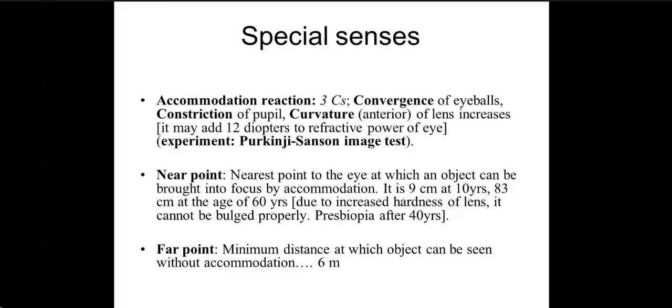The near point is the nearest point to the eye at which the object can be brought into focus by accommodation, and in young age it is very short, 9 centimeters at 10 years, and at 60 years of age it recedes and goes to 83 centimeters because the lens hardens and cannot bulge.